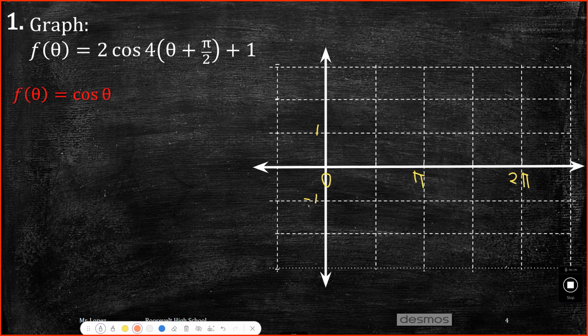At the end, when we're done with this problem, it's going to look all messy, a bunch of colors like a rainbow, but it's the process. So if you have red, go ahead and take out the red, and write down f of theta equals cosine theta.